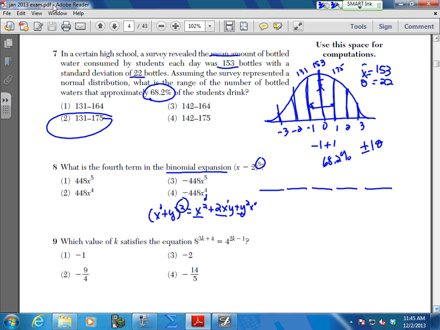So you're going to start like this with your C's. This is 8, 0. This is 8, 1, 8, 2, 8, 3, 8, 4, and it continues. You want the 4th term. 1, 2, 3, 4. Right there. This is the one you want. Follow your pattern.